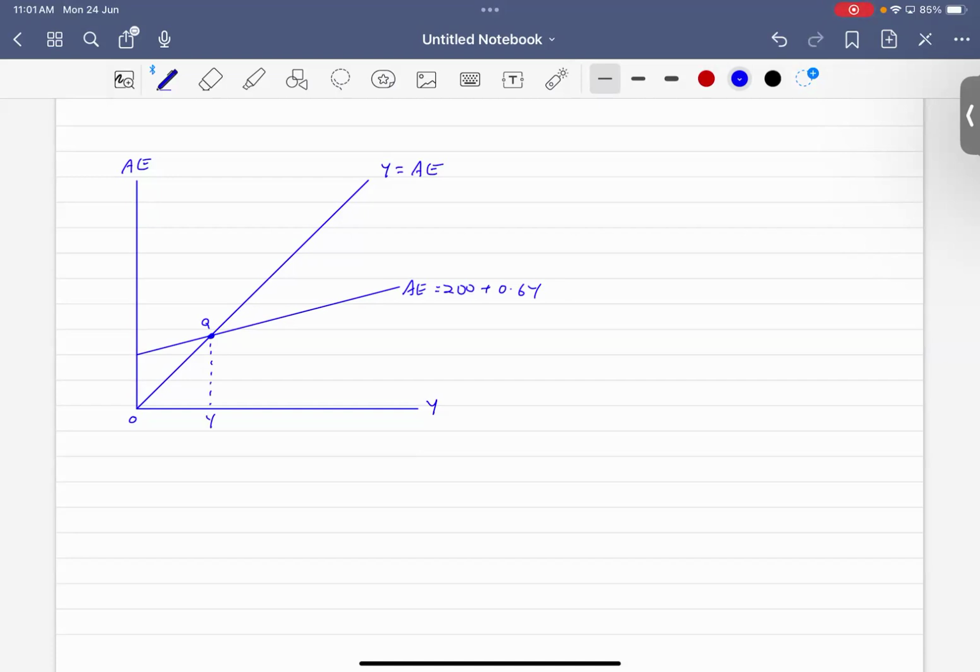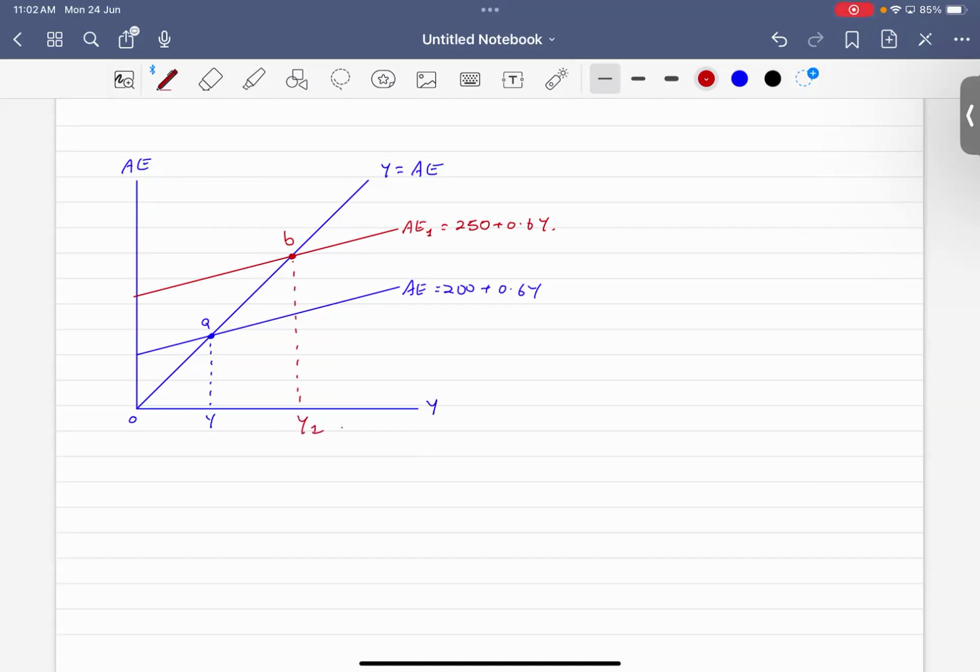Now, when I say the injection increases, it will shift the whole AE upwards to AE1 equals, let's say, 250 plus 0.6y. So now at the end, it becomes point B. You can see the output is becoming higher.